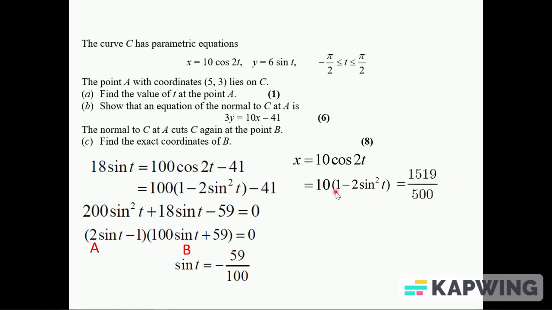Actually, your calculator will work this out. If you did 10 cos of 2 sine inverse of minus 0.59, we want 2 lots of that, and the cos of that multiplied by 10, and it does give you that exact value. And then the y coordinate, 6 sine t, 6 times minus 59 over 100, minus 177 over 50.